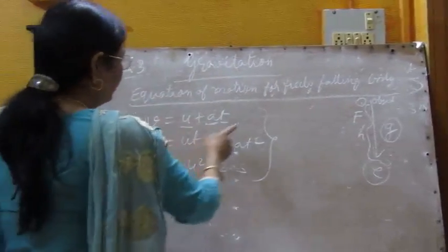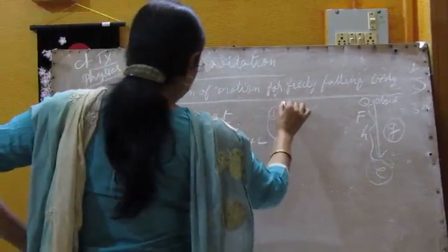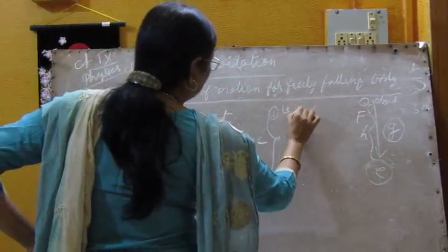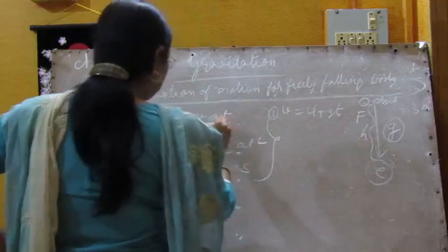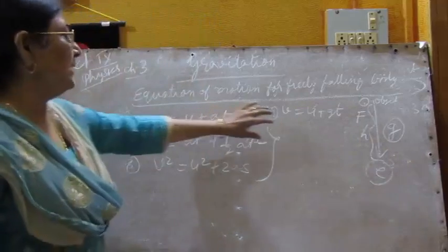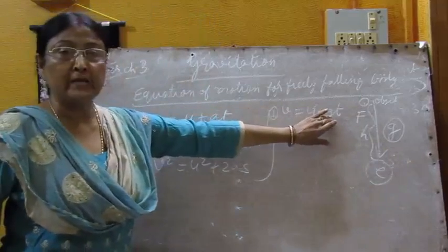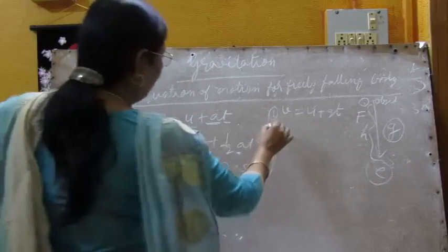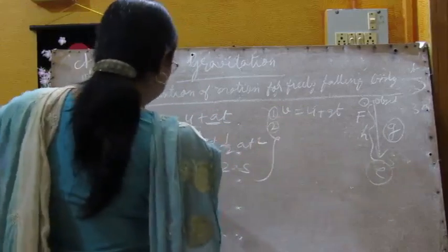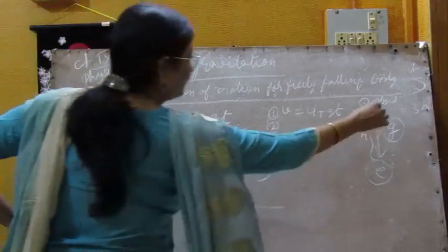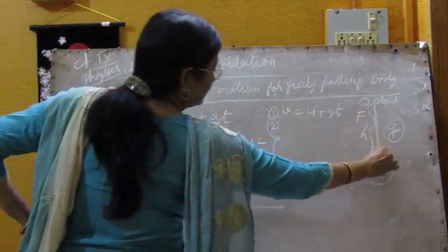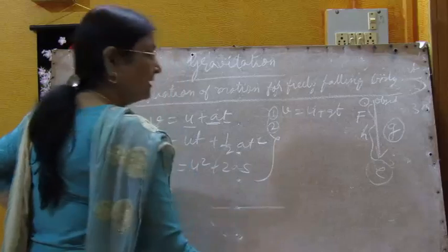Equation number 1 will change to V equals U plus GT, so acceleration A is changed into G. Number 2: S was the horizontal distance, but here we write H, the vertical height.